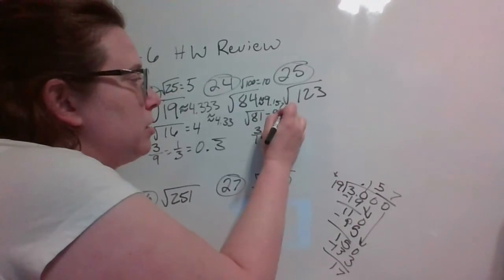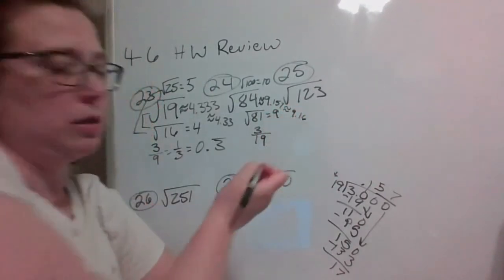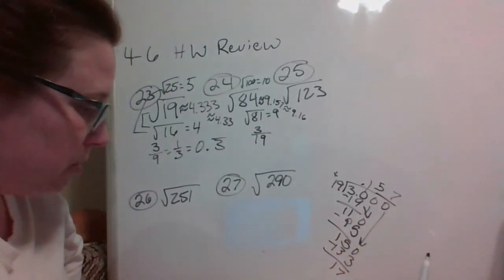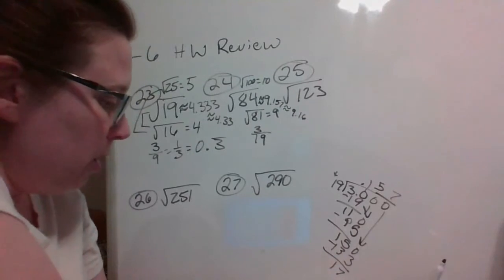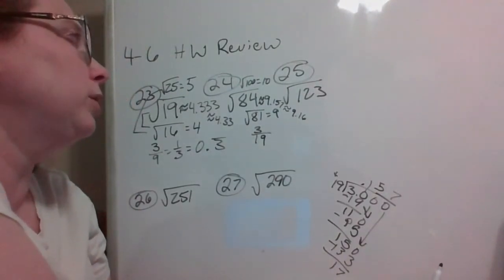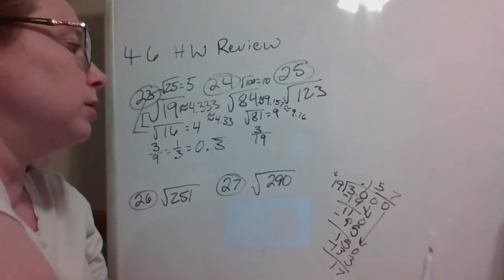The 7 tells the 5 to round up, so we would have 9 and 16 hundredths for our estimate there. And that was number 24. Number 25, we have 123.